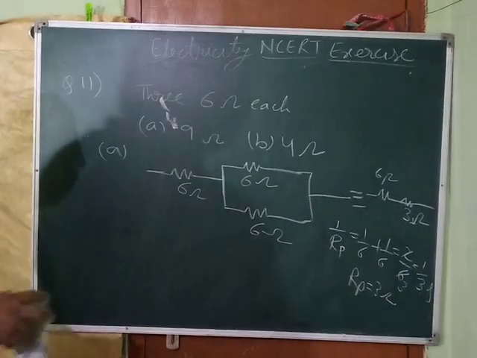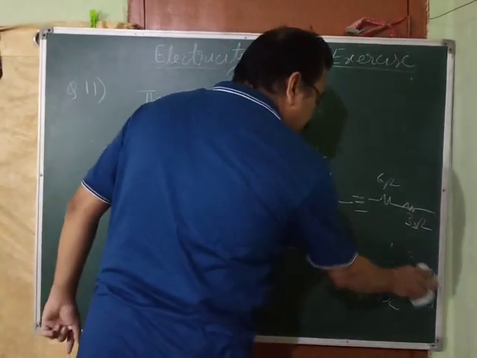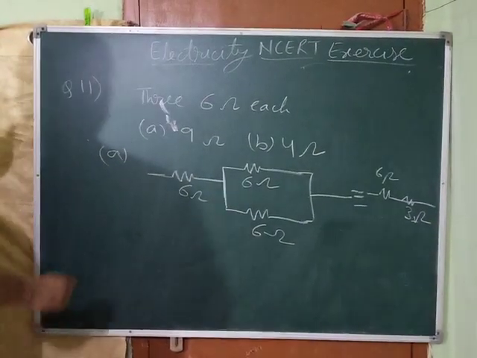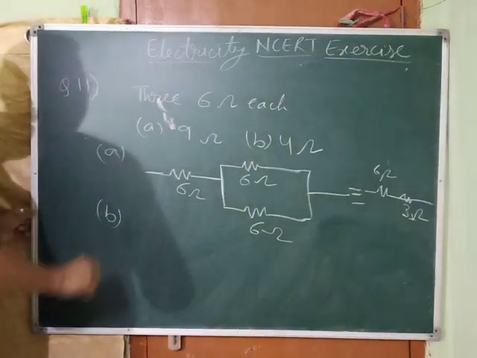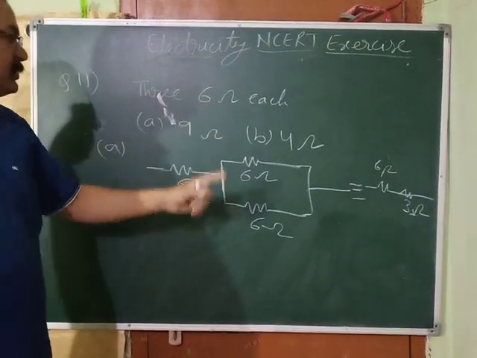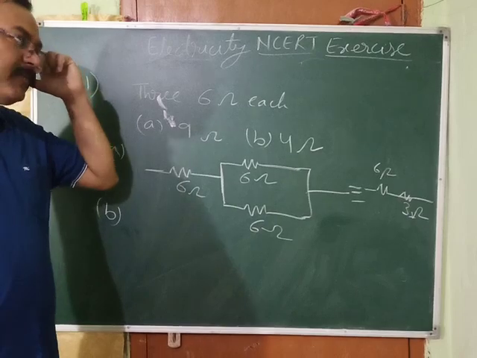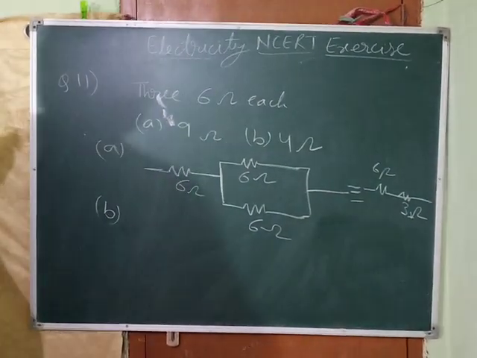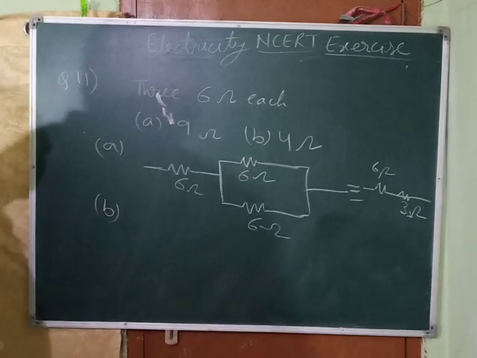Okay. I'm going to rub this solution. Now, for part B, you have to connect all 3 of these 6 ohm resistors to get 4 ohm. Now, how to get this 4 ohm? A little bit of change you have to do.